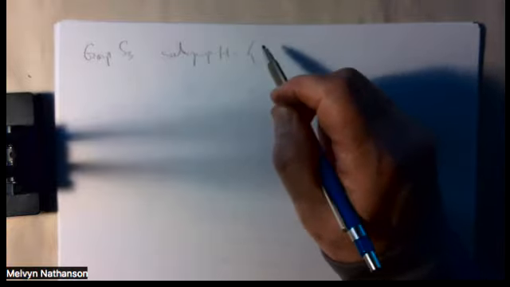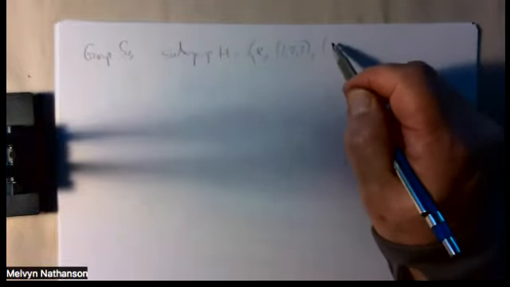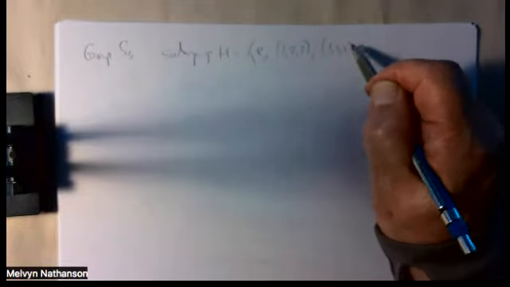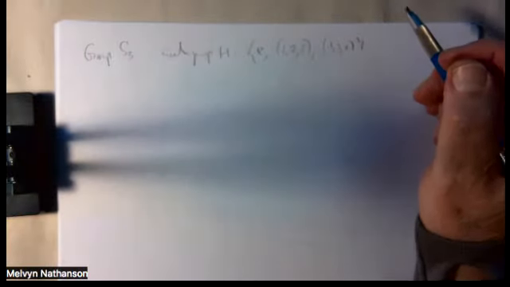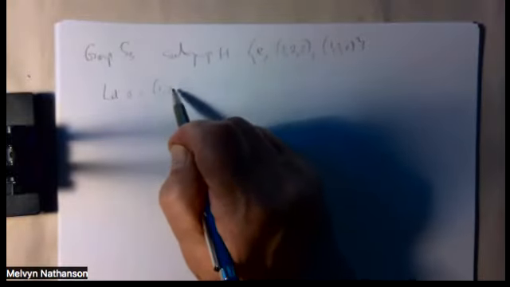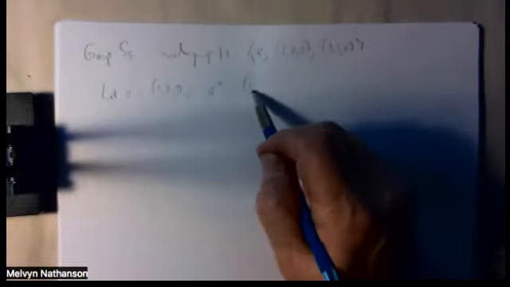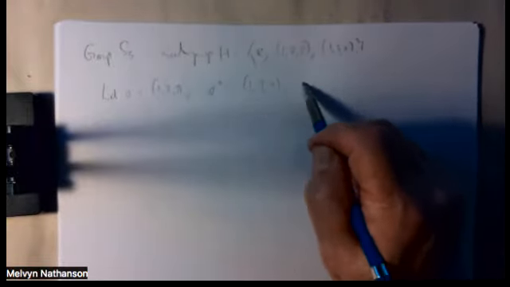3 permutations: the identity, the cycle (1 2 3), and the cycle (1 3 2). So if I let sigma be the cycle (1 2 3), sigma squared is (1 3 2).